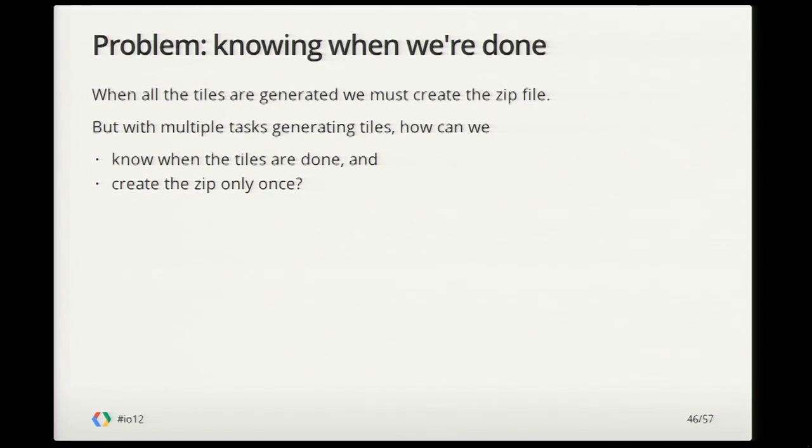But when you've got multiple slice tasks all generating tiles simultaneously, just because one has finished processing tiles doesn't mean that another one isn't still going and still has more work to do. And it would be pretty bad if we started creating a zip file which didn't have all of the tiles in it, right? And another thing is we can't just kick off the creation of a zip file at the end of any one, because we might end up creating 4 zip files, and that's a waste of work.